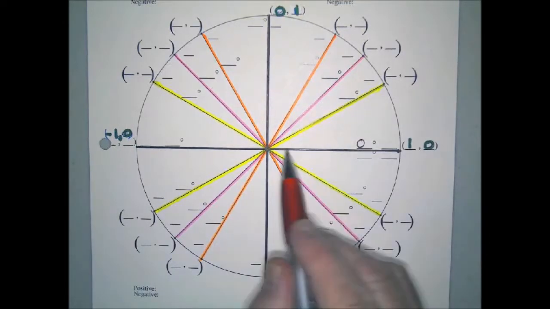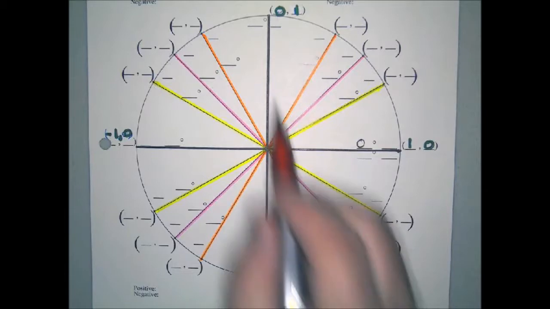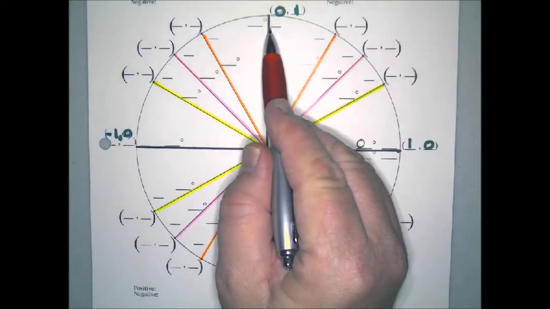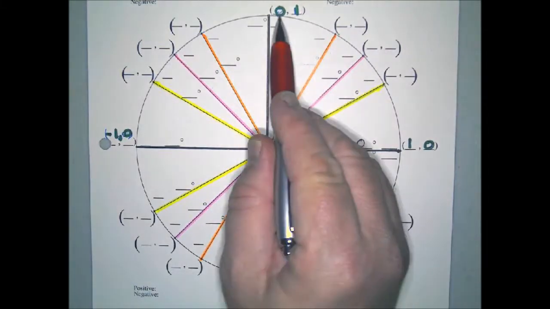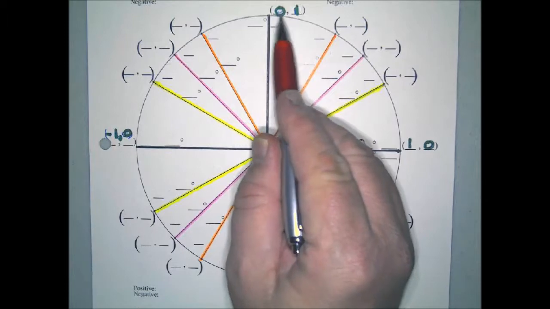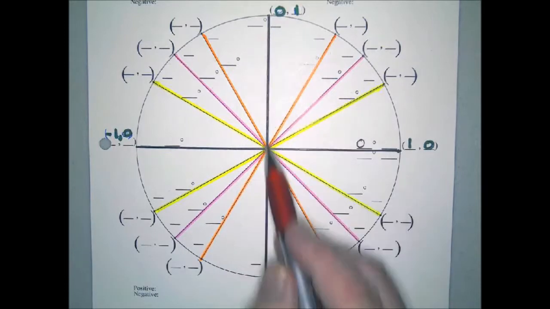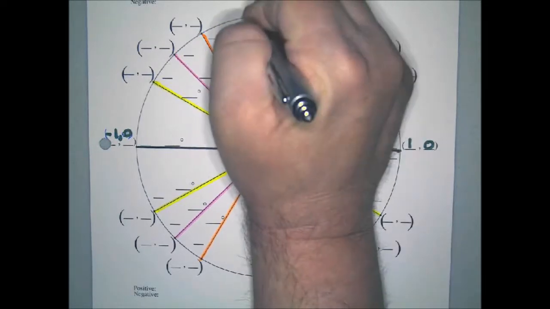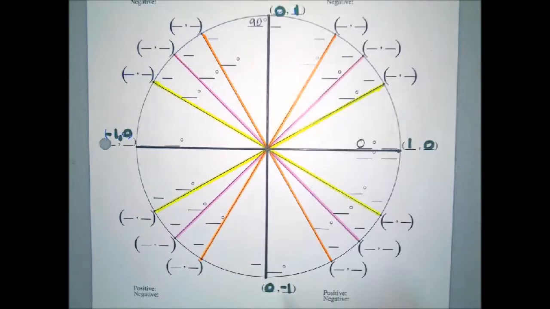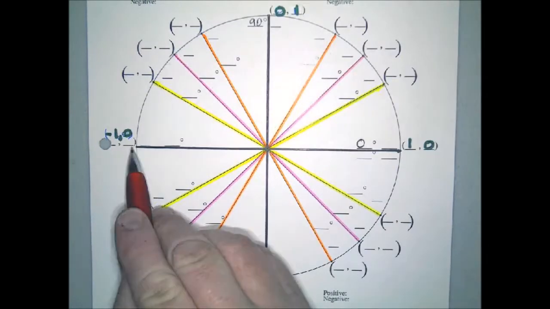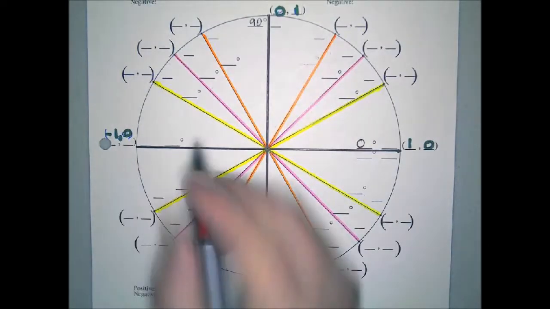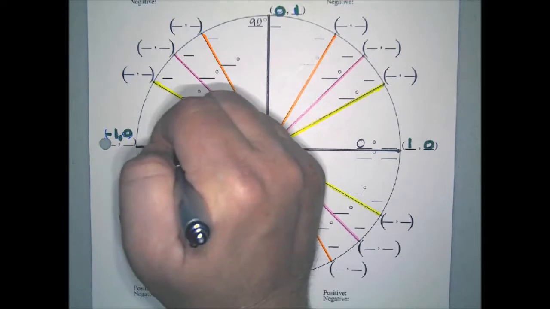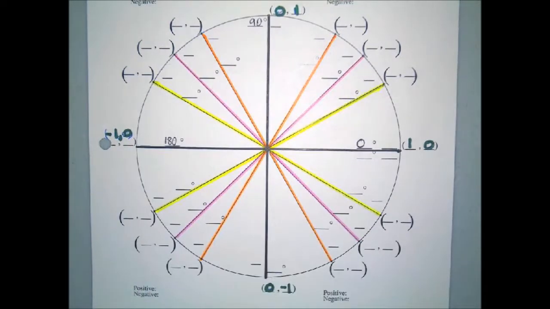Now let's start going around. Let's go up here, the next one. We know the ordered pair would be (0, 1), if in fact this black radius has a unit measure of 1, and this would be 90 degrees. Over here, it would be (-1, 0), and it would be 180 degrees.